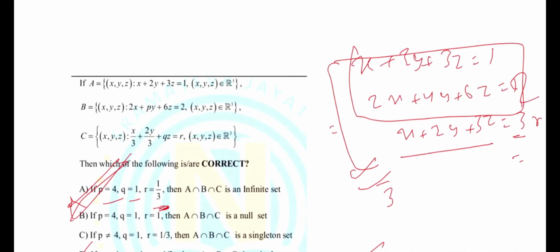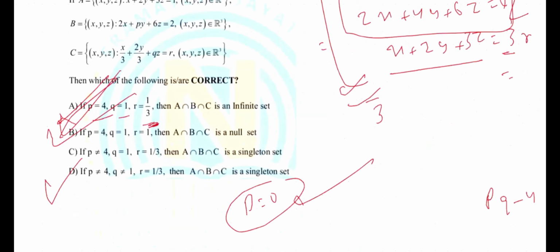These are two parallel planes, because the combination of x, y, z cannot give 1 at an instant and 3r also at that time. So that implies it is a null set. That implies B will also be a correct option, because there are two parallel planes in this case. You got the idea of what I'm saying, right? Okay, let's proceed.